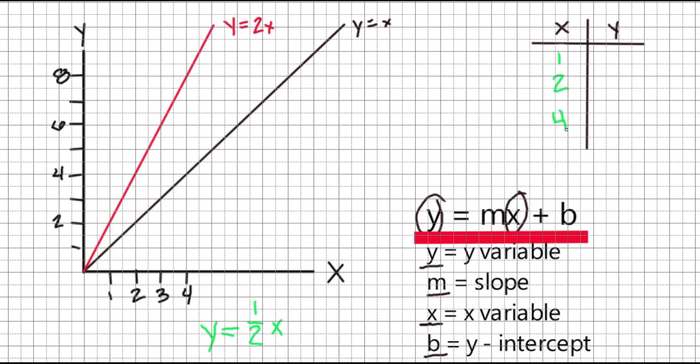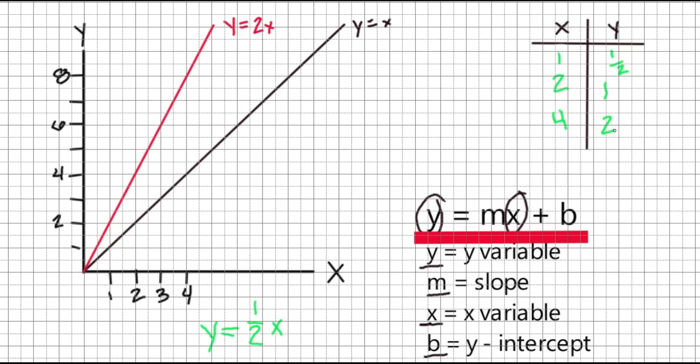All right, so let's go through this. So when x is 1, y is 1 over 2, or 1/2. If x is 2, 2 times 1/2 is 1. And if x is 4, 4 times 1/2 is 2.